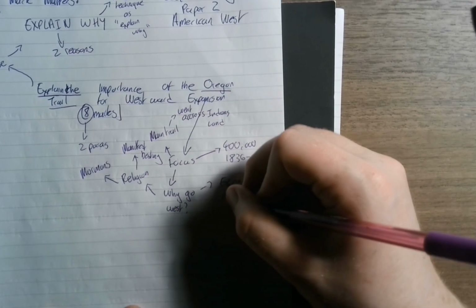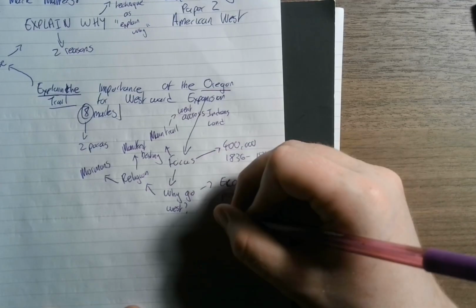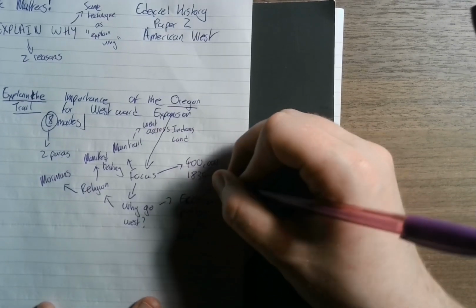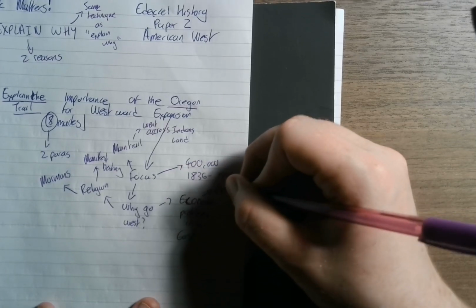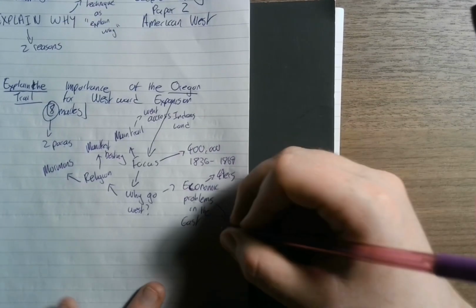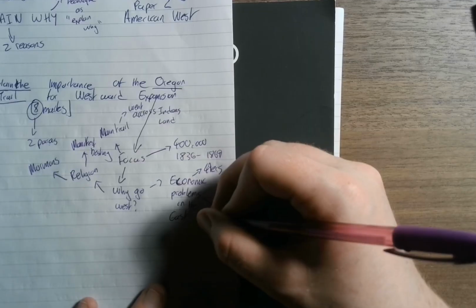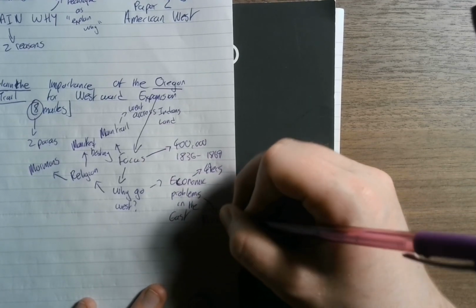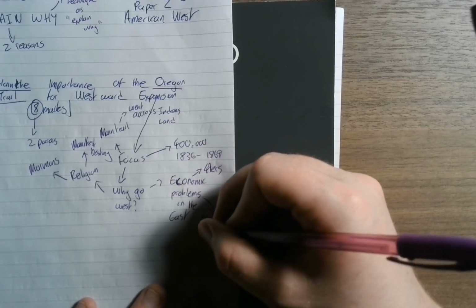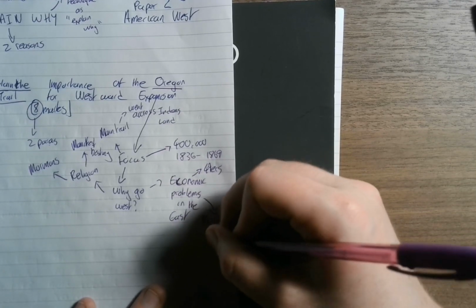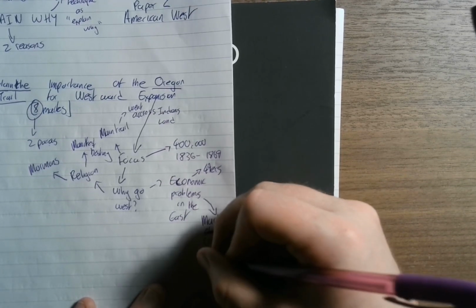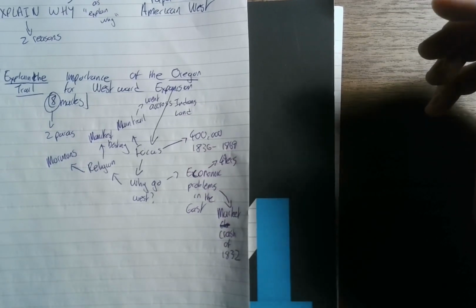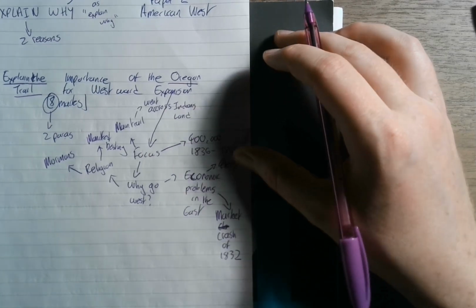Problems in the east. And again, you have got the 49ers. Who else have you got? You've also got the market crash of 1832, encouraging people or forcing people to live in poverty and encouraging people to go west.